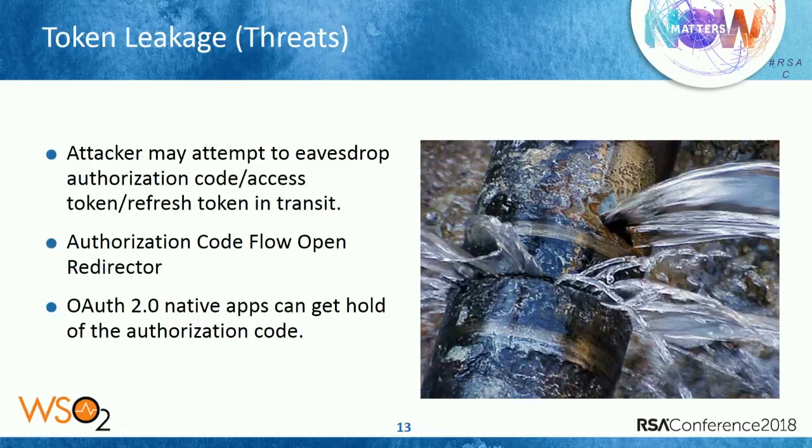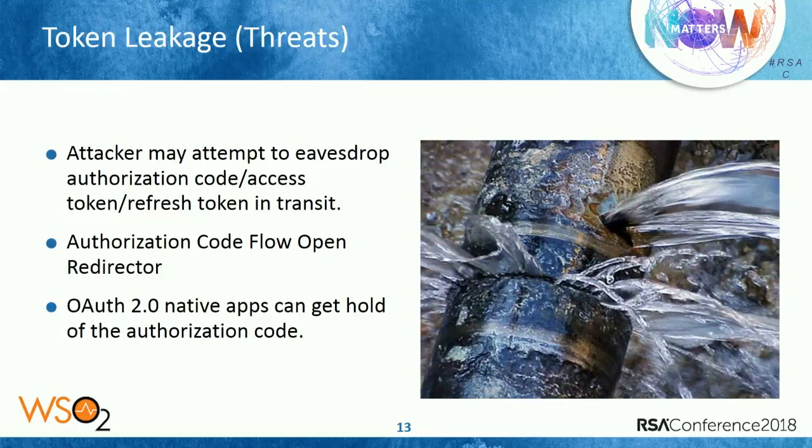But the mobile operating systems don't restrict registering more than one app against the same URL scheme. So an attacker can install a mobile app against the same URL scheme, and both applications will get the authorization code.